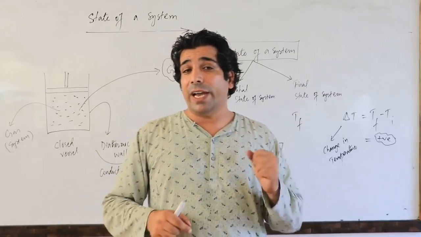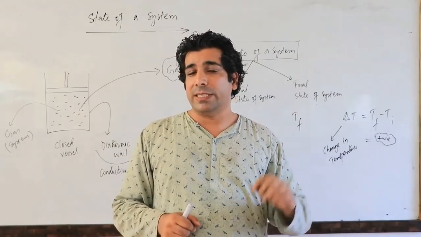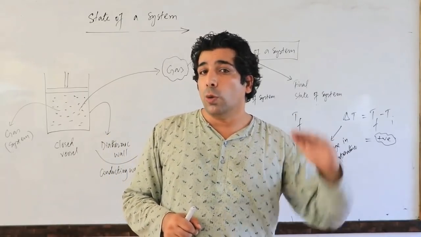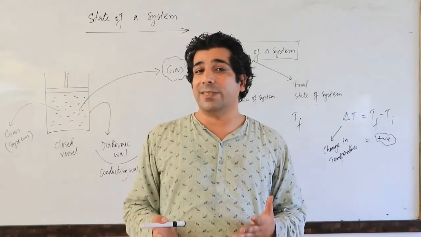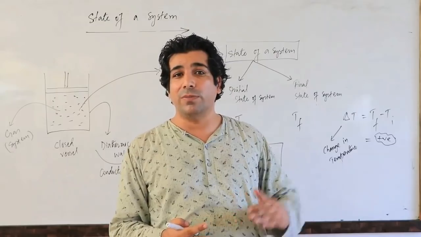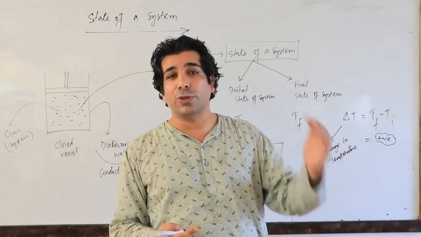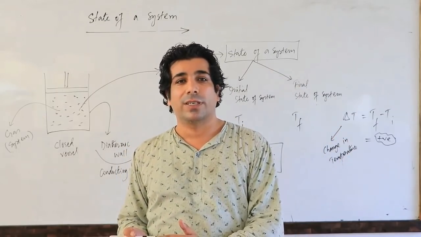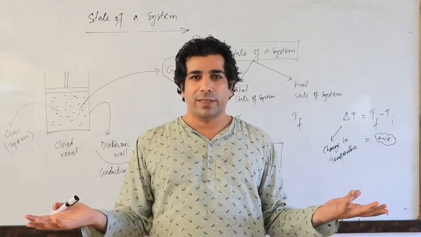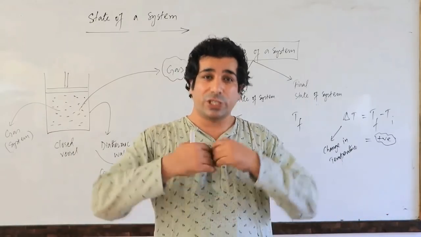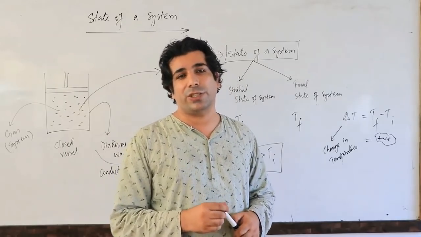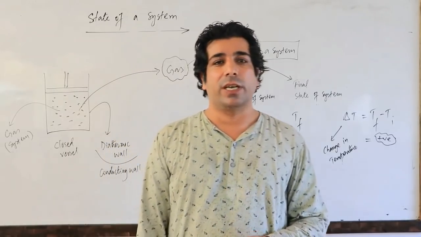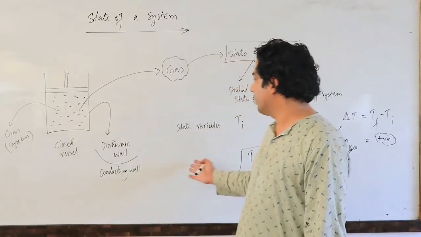If I increase the pressure, that means the system can go from lower pressure to higher pressure. If I decrease the pressure, that means the system will go from a higher value of pressure to a lower value of pressure. So whatever you are doing with state variables, if you are changing the state variables, the state of the system will also change. So remember that particular point. I hope you have understood. Please make note of this.